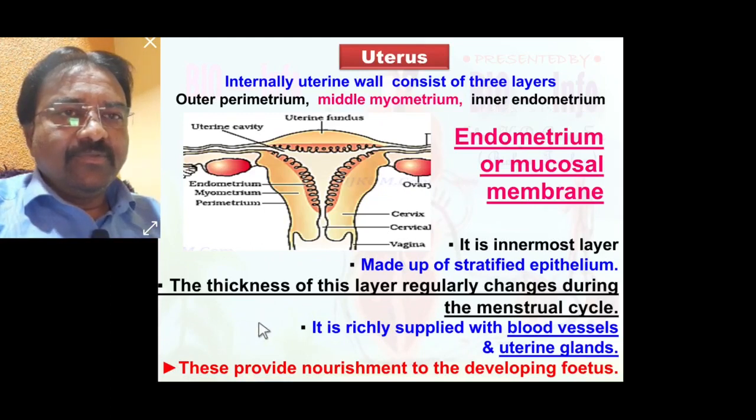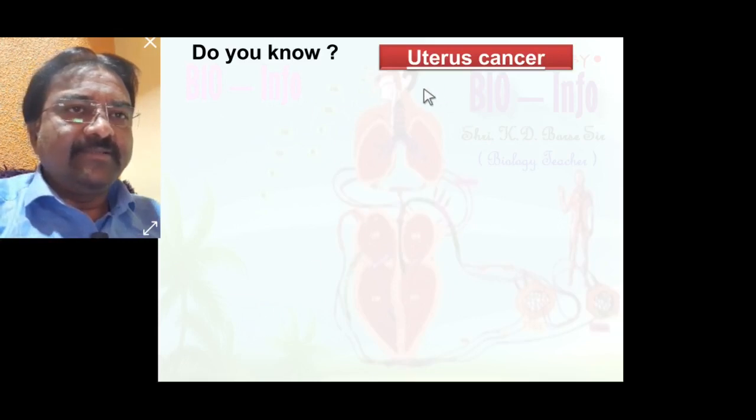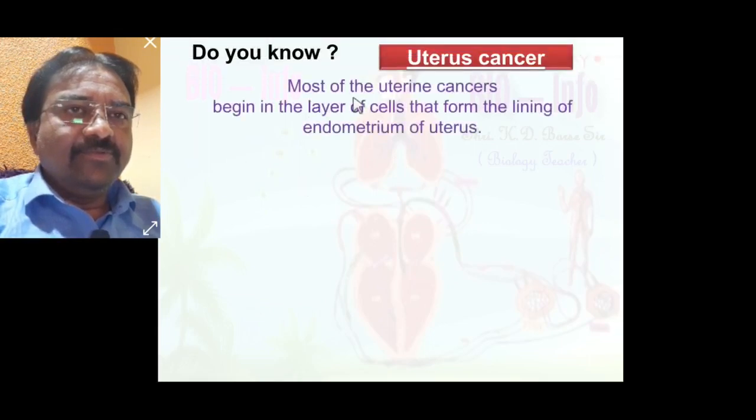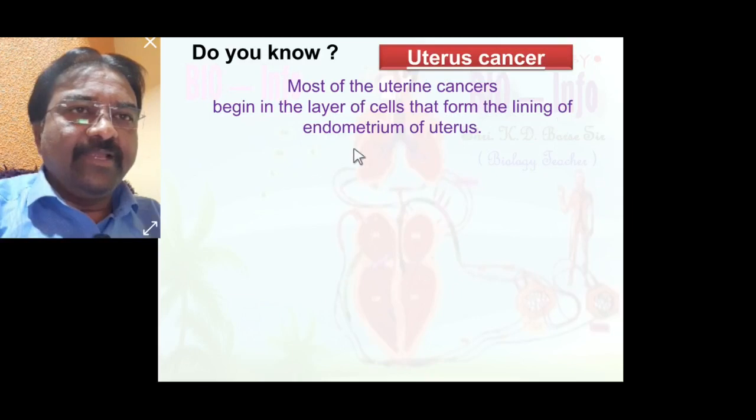Do you know about uterus cancer? Most uterine cancer begins in the layer of cells that form the lining of the endometrium of the uterus.